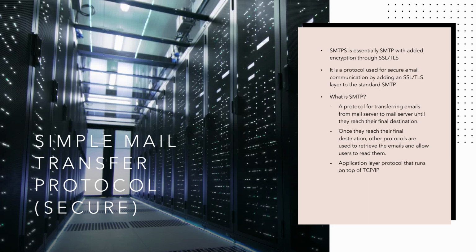What is SMTP? It's a protocol for transferring emails from mail server to mail server until they reach their final destination. Once they reach their final destination, other protocols are used to retrieve the emails and allow users to read them. It's also an application layer protocol that runs on top of TCP/IP.